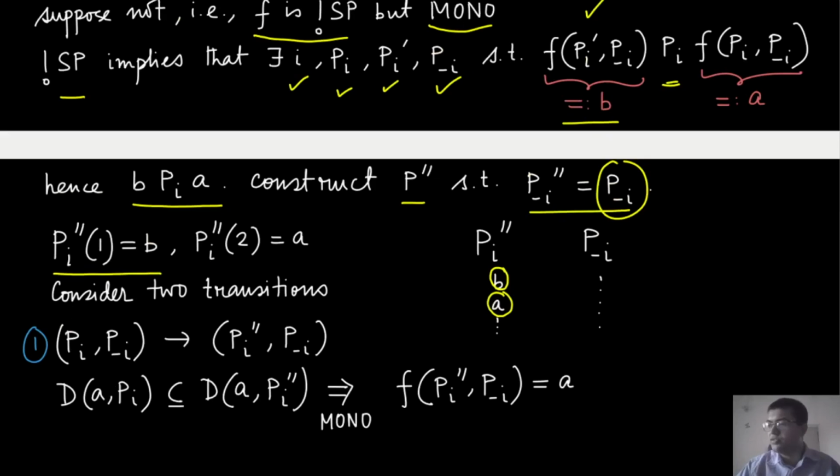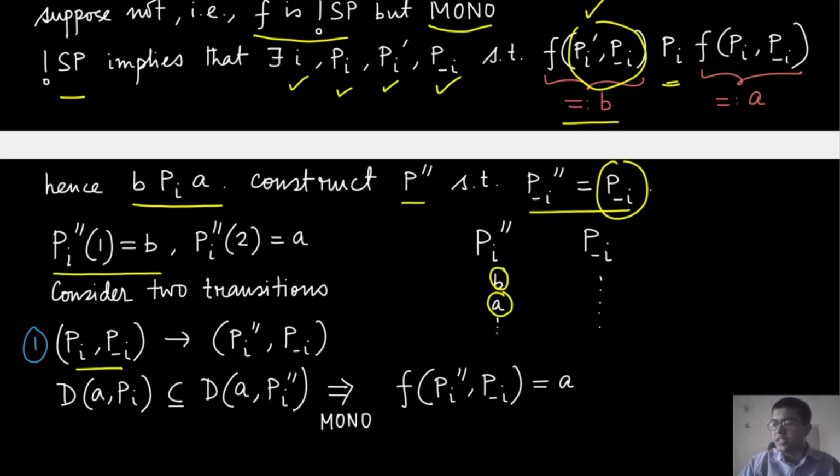Now you can think of two different transitions. One transition is from this pi prime p minus I to pi double prime, and the other one is from pi p minus I to pi double prime. So let us look at this first one.